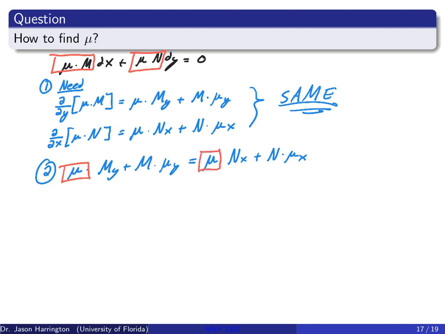So I'll put all the mu's on the right-hand side and everything else on the left-hand side. So on the left-hand side, I have M times mu sub y minus N times mu sub x is equal to mu, and I can go ahead and factor this out, N sub x minus M sub y.